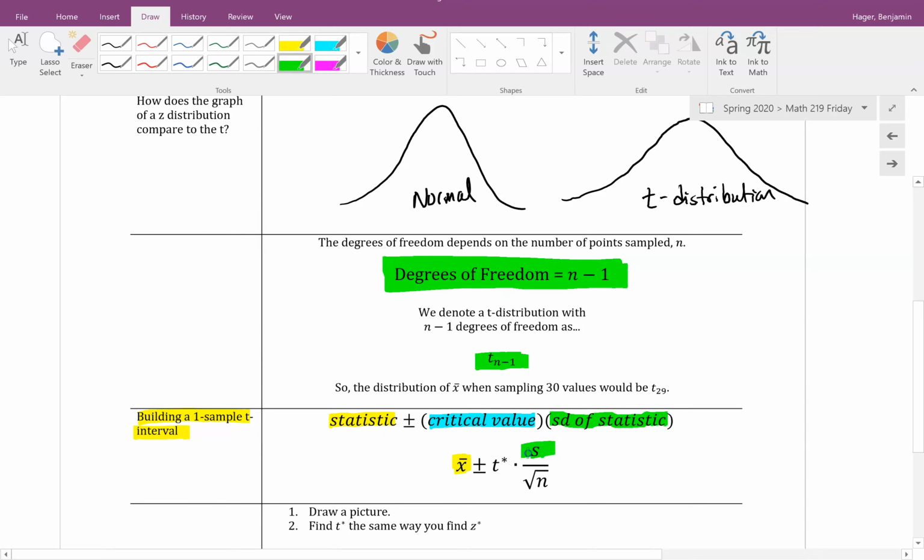The difference here is that we're using the sample standard deviation because we probably don't know the population standard deviation. And I'm not using a z-score, I'm using a t-score, okay? Because I'm approximating the population standard deviation with the one we find from our sample.